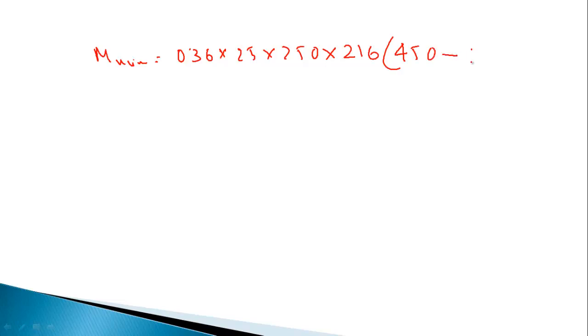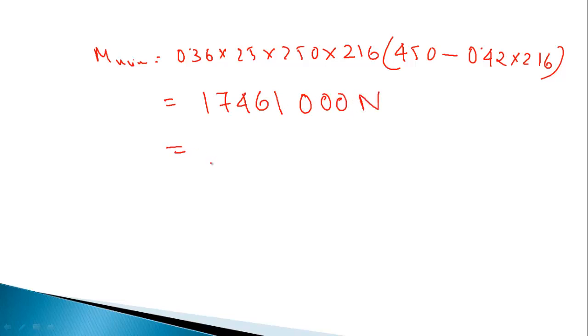Just put all the values in the formula: 0.36, fck is 25, b is 250, Xu limit is 216, d is 450 minus 0.42 into 216. You will get something close to 174.61 times 10 to the power 6.